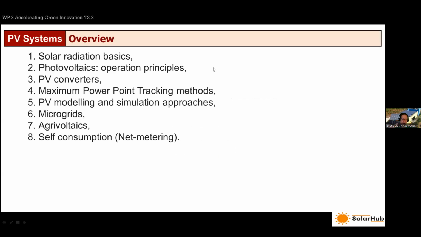Without further ado, let's have a quick overview, first of all, of the different parts of today's webinar. It is divided pretty much into 8 parts. We will start with some basics regarding solar radiation. Perhaps this is something that you will hear again in other sessions during this program, because it is related to every technology we are investigating here in this project.